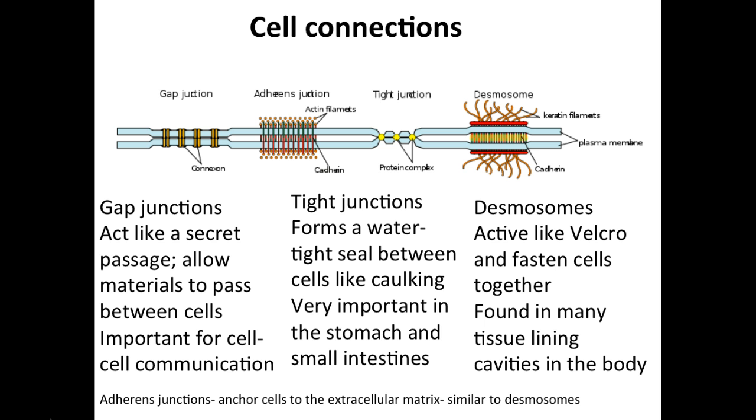They're going to act almost like biological caulking, and these are critical in areas like the stomach and the small intestines, where you can't risk having some of these acids leave the contained area that they're in. And desmosomes act kind of like Velcro fasteners, and these are very common in tissues lining cavities, so in the esophagus and other areas in the body.